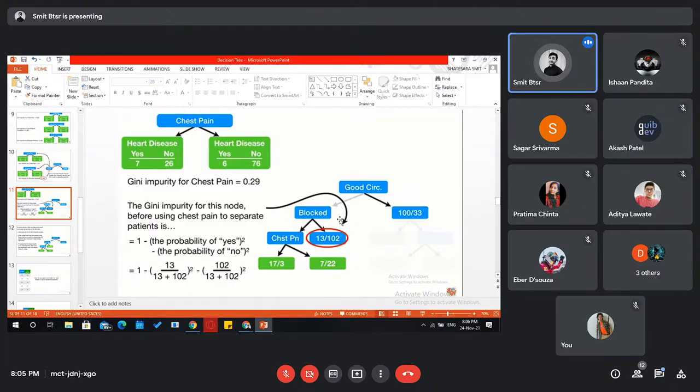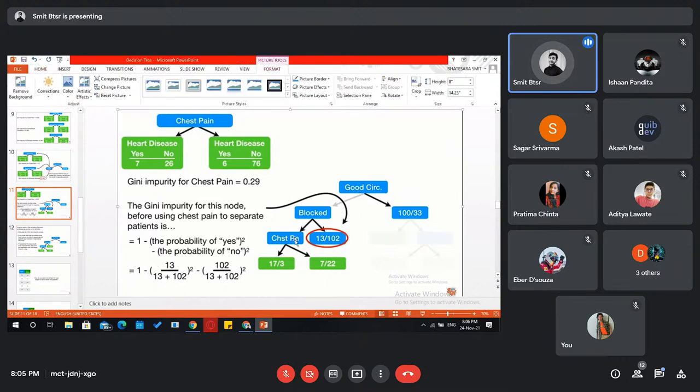Just to understand what we can conclude from this graph: is there good circulation? If yes, are there blocked arteries? No, then we do not have to worry about anything. If there is good circulation, then arteries are blocked and there is chest pain, then there is a possibility.